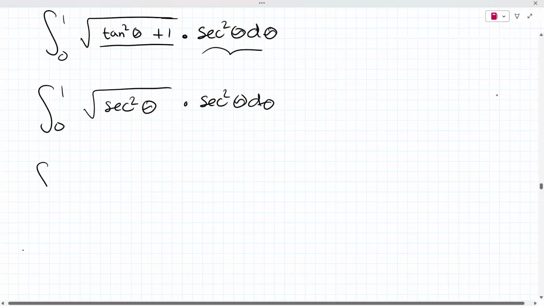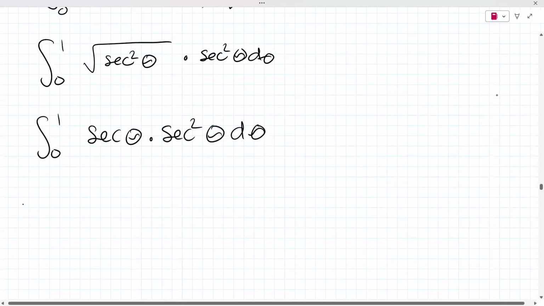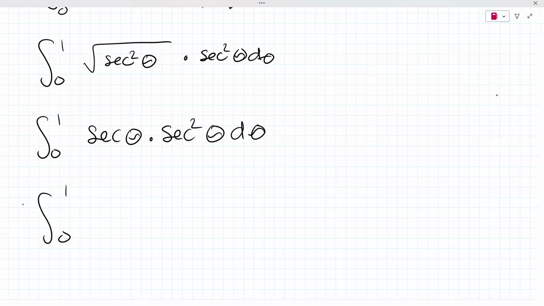We can simplify even more. We know that the square root of secant squared theta is now just regular secant theta. And then secant theta times secant squared theta d theta is secant cubed.